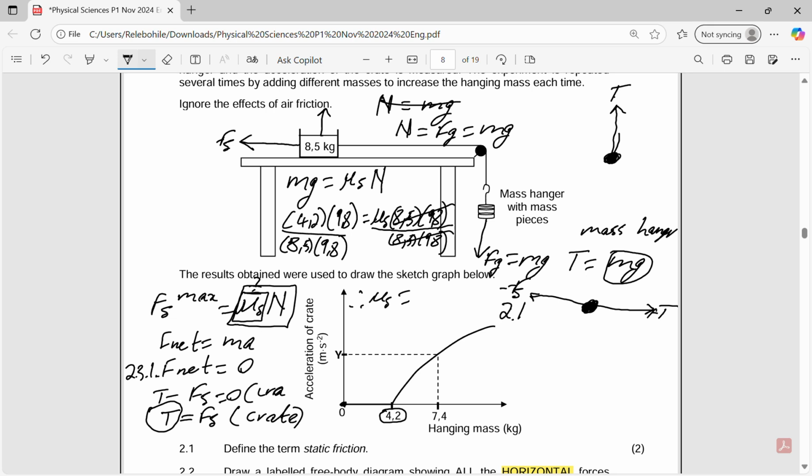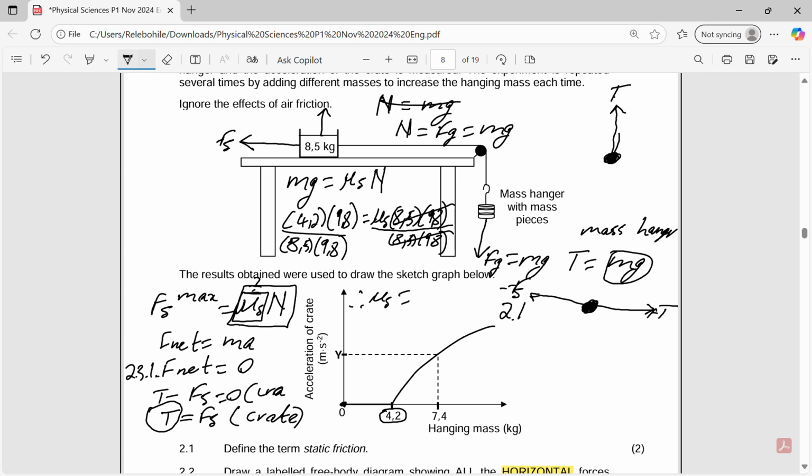So what I will say is 4,2 multiplied by 9,8 divided by 8,5 multiplied by 9,8. Okay, my math is not mathing here. I have to put this inside the brackets.